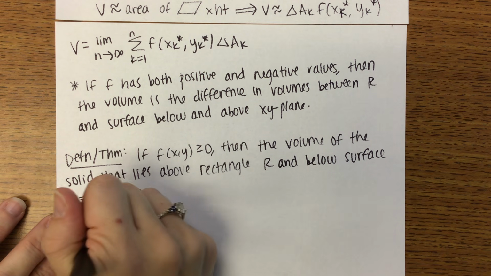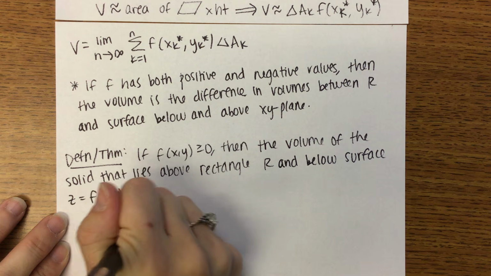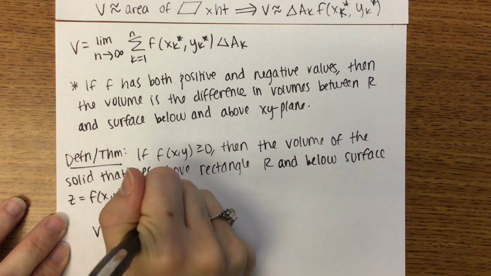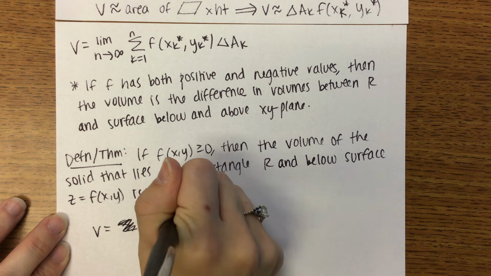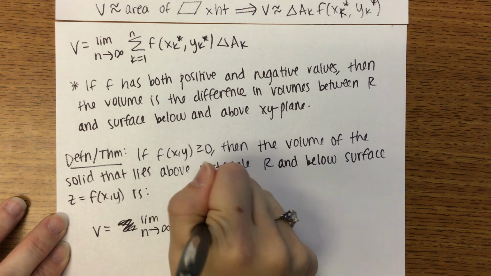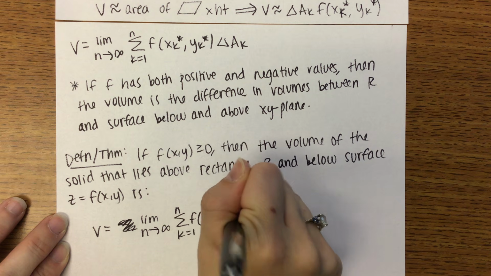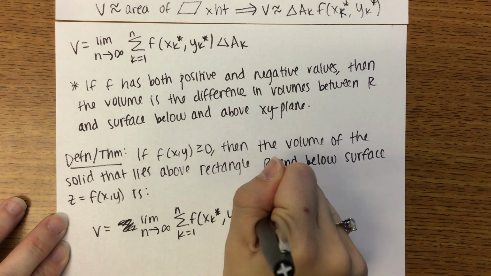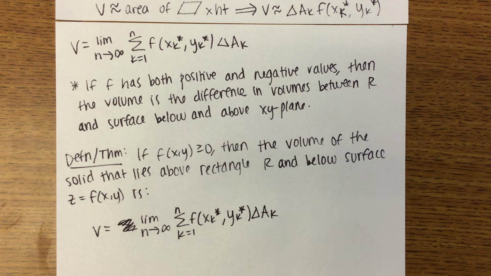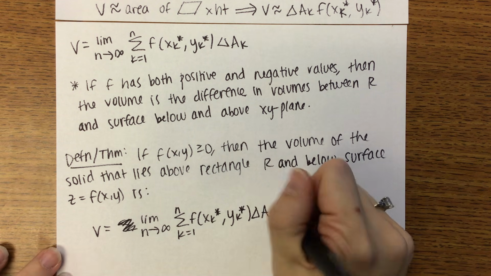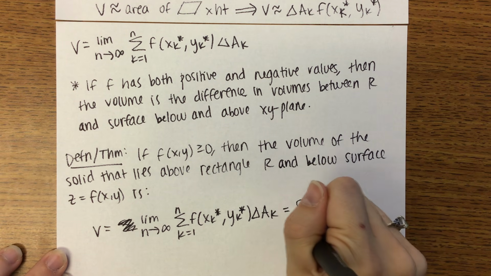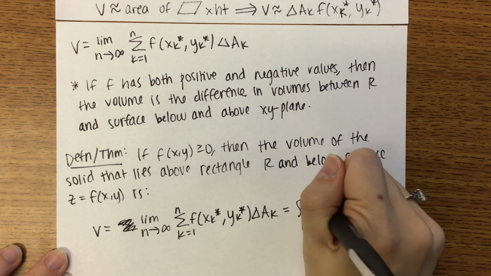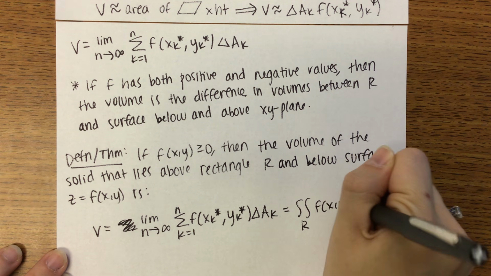So first is that Riemann sum that we wrote before. Okay, what that is equal to is the double integral over the region R of f of xy dA.